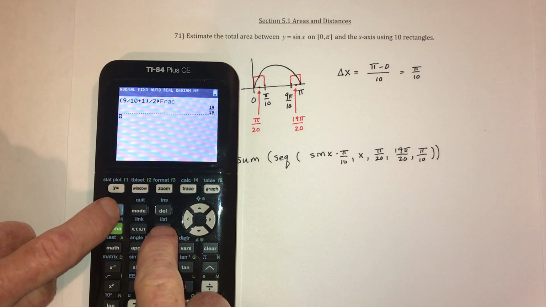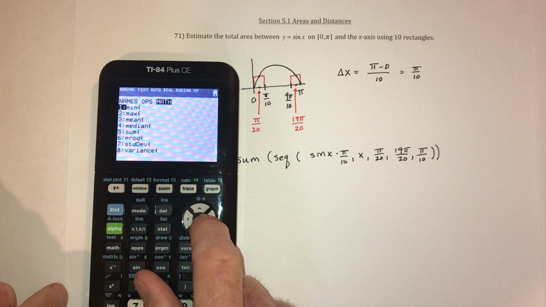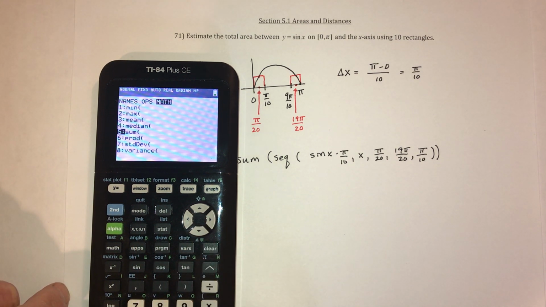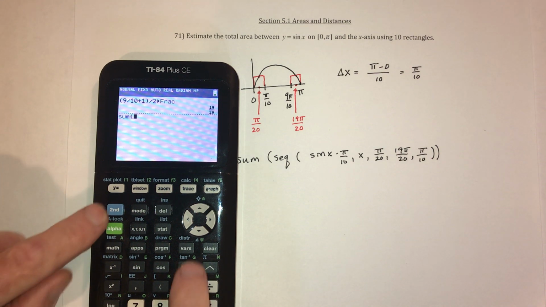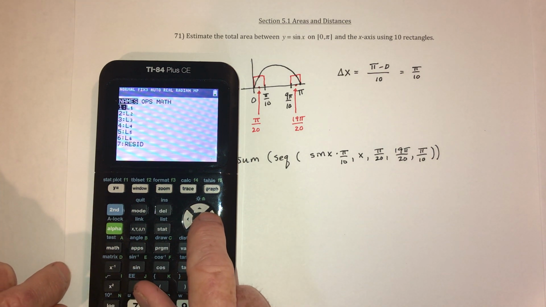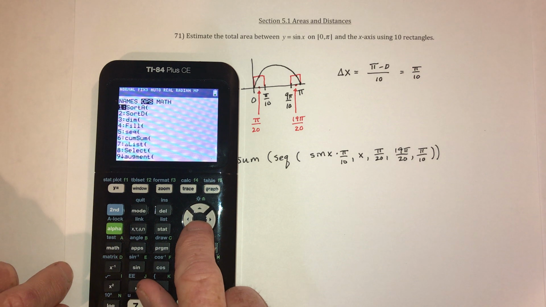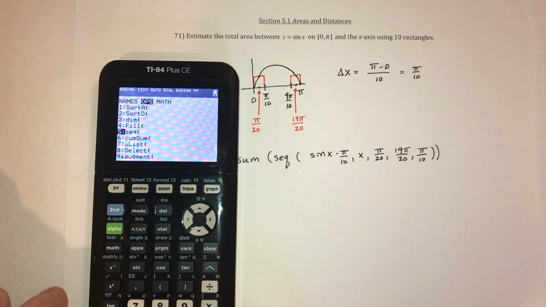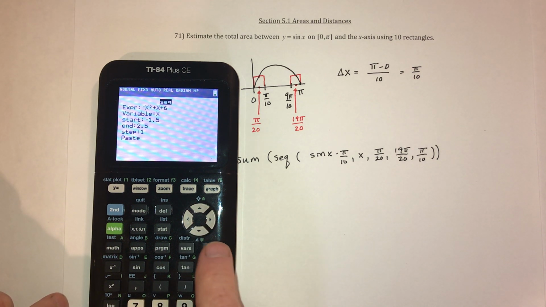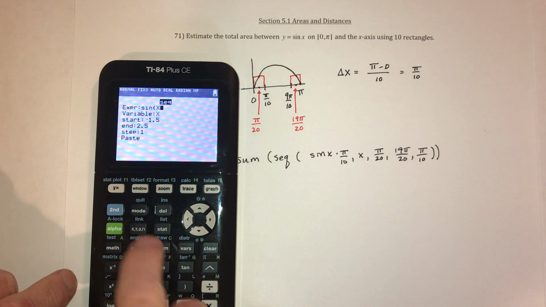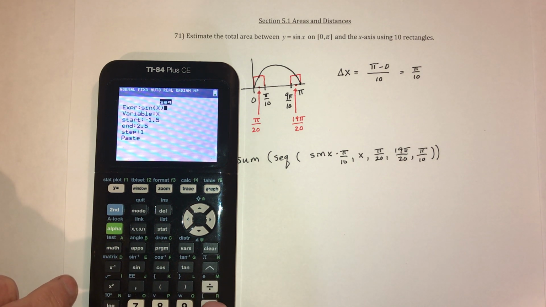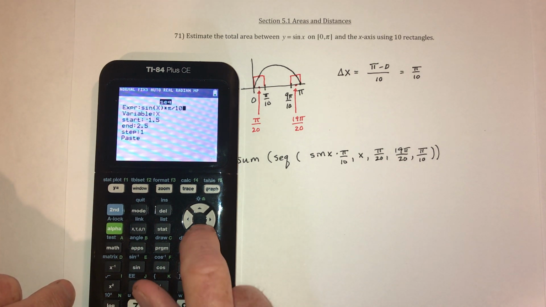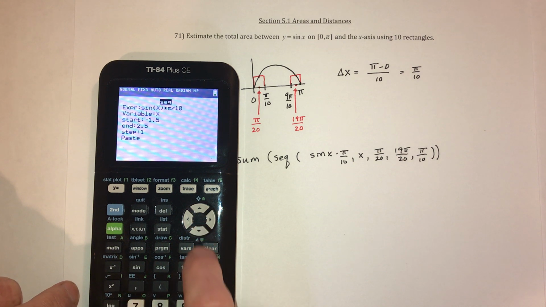So go to second list, move over to math, and it's number 5. Then go back to second list, go to operations, and sequence is number 5. Then let me just clear out this old problem. This one's going to be sine of x times pi over 10. X is the variable.